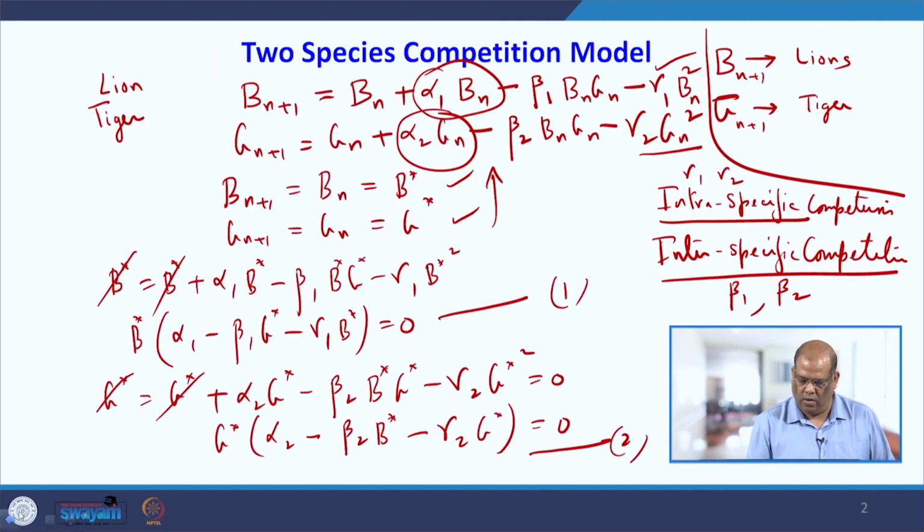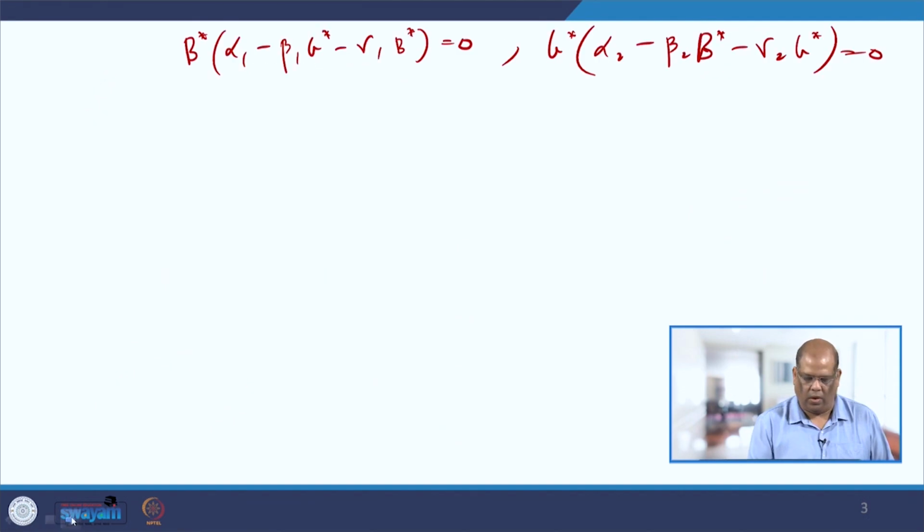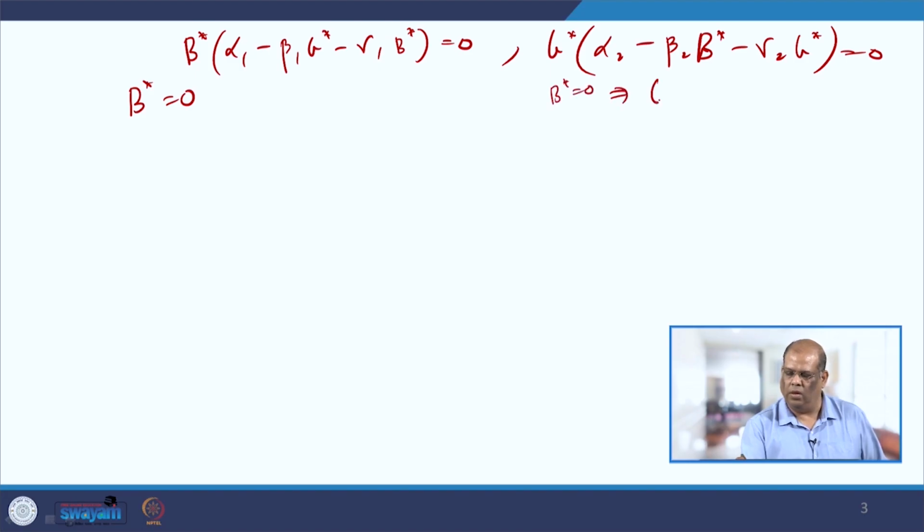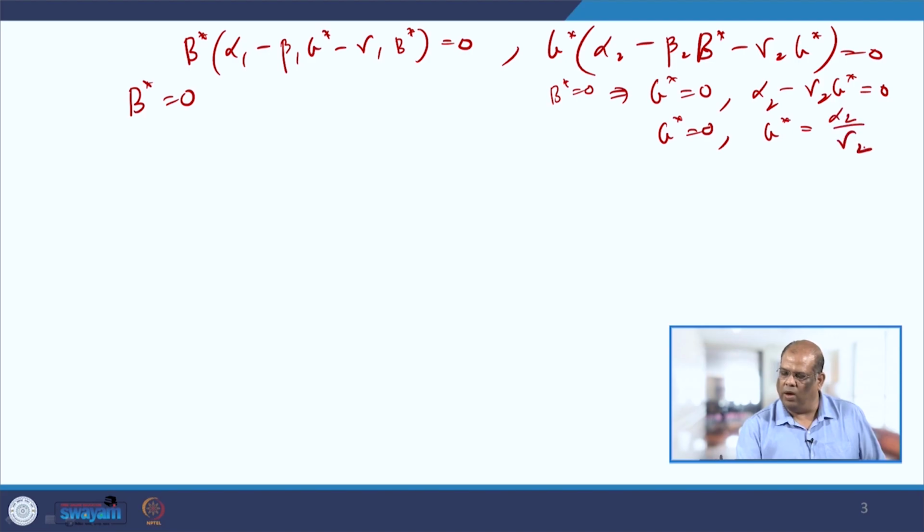So, from here b star equal to 0, and if you substitute b star equal to 0 here, you will get g star equal to 0 and alpha 2 minus gamma 2 g star equal to 0, which will give g star equal to 0 and g star equal to alpha 2 by gamma 2.